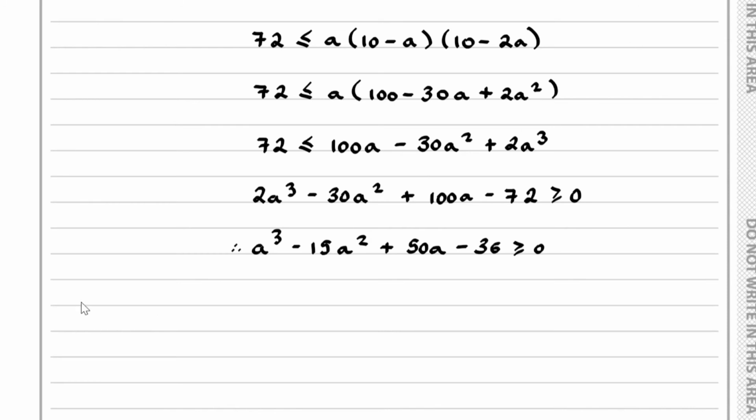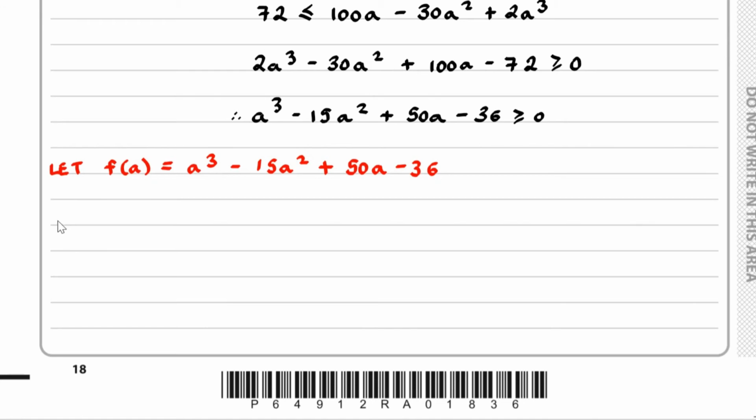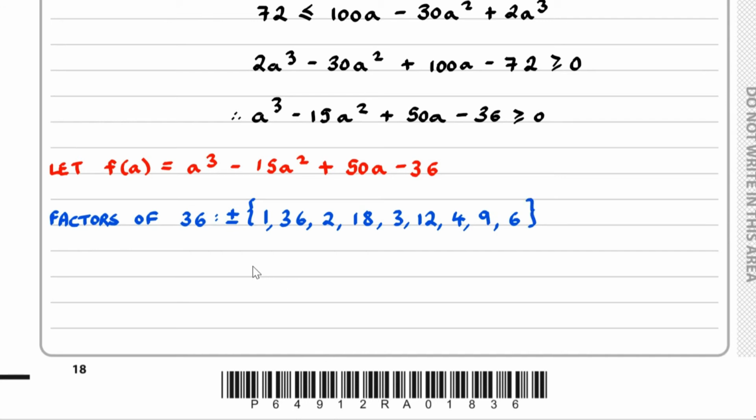So if we let f of a equal a cubed subtract 15a squared plus 50a subtract 36, then the factors of the 36, we've got plus minus 1, 36, 2, 18, 3, 12, 4, 9, and 6. So here are the factors of 36.